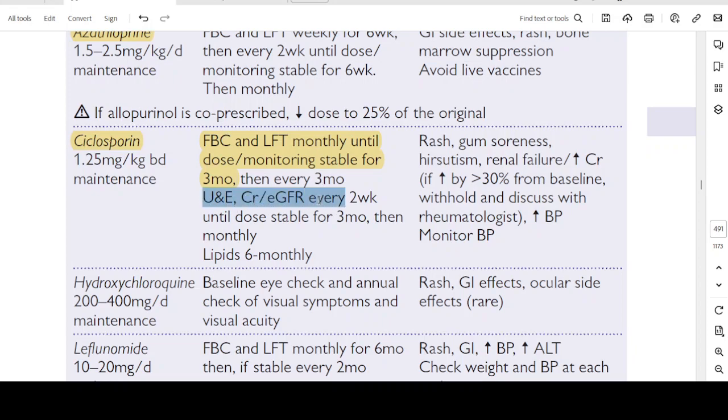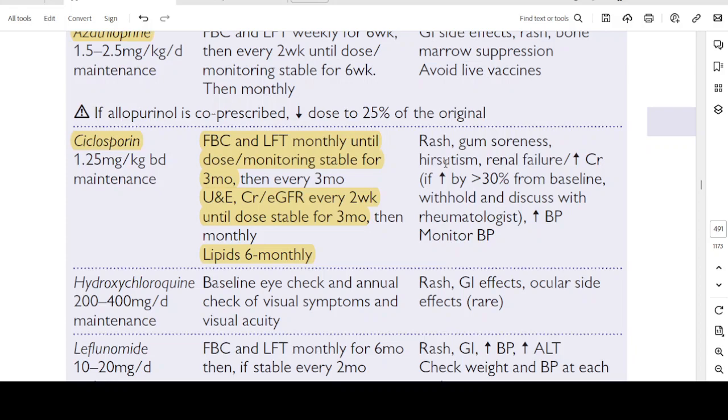Urea, electrolytes, creatinine and eGFR every 2 weeks until the dose is stable for 3 months, and then monthly. Lipids every 6 months. So there are 3 types of monitoring here: FBCs and LFTs monthly, urea, electrolytes and creatinine every 2 weeks, which is more frequent, and then lipids 6 monthly.